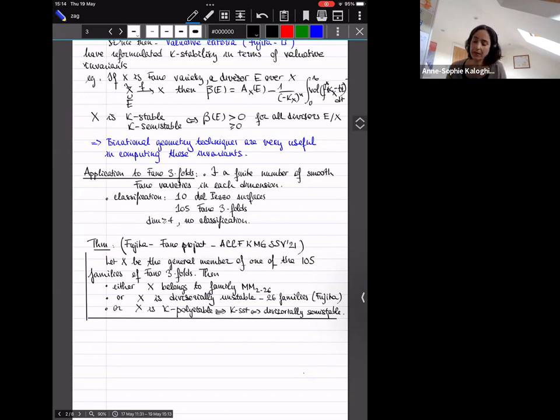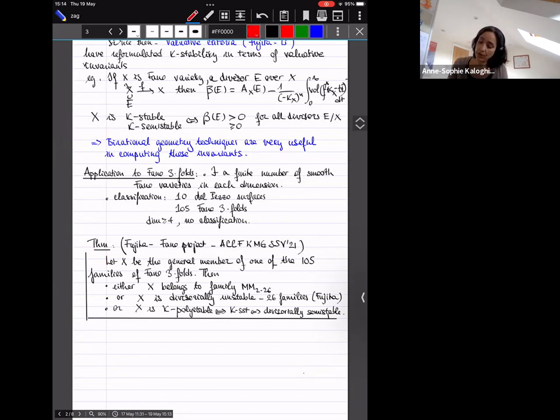In there, the main theorem that we prove is that if X is the general member of one of the 105 families of Fano threefolds, then either X belongs to a special rogue family, family 2.26 in the Mori-Mukai classification, which I'll come back to in a bit, or X is divisorially unstable.